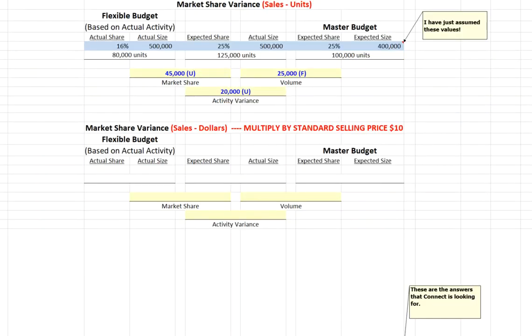So to get our market share variance in terms of sales revenue, we simply take the 45,000 units and multiply it by our $10 per unit selling price. To get the volume variance, we take the 25,000 favorable variance and multiply it by $10 per unit. And of course, the activity variance is the 20,000 units multiplied by $10 per unit.